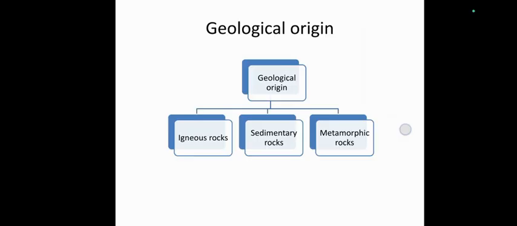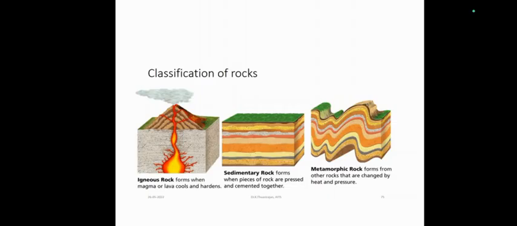So igneous rock, how is it formed? The molten lava from the core of the earth comes out through a volcano, it erupts, and then this molten lava spills out. If that molten material is inside the mountain itself, it is called magma. Once it comes out and spills along the surface of the mountain, it is called lava.